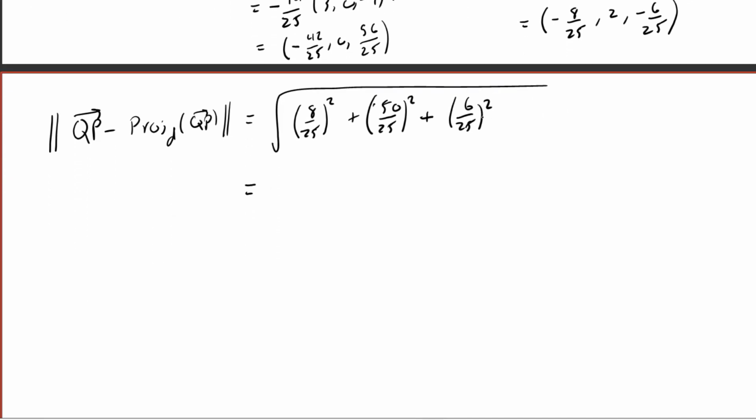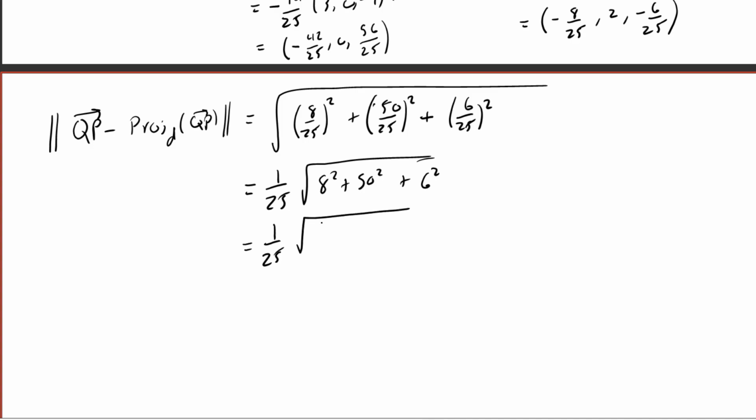So this becomes, well, I can factor out 25 squared from each of the denominators. Now if I bring that outside of the square root, it loses that square. So I'm going to have 1 over 25 square root 8 squared plus 50 squared plus 6 squared. 1 over 25 square root, that's 64 plus 2500 plus 36.